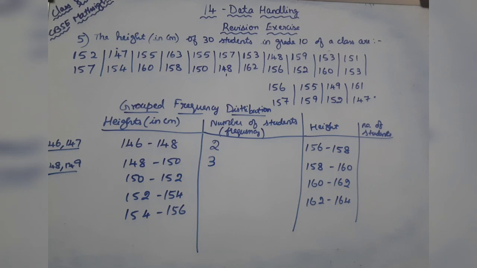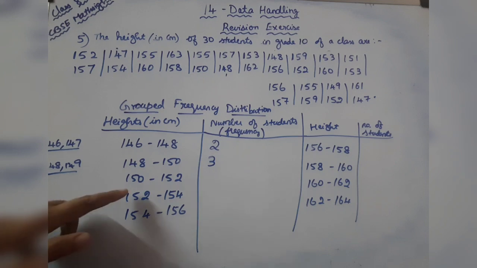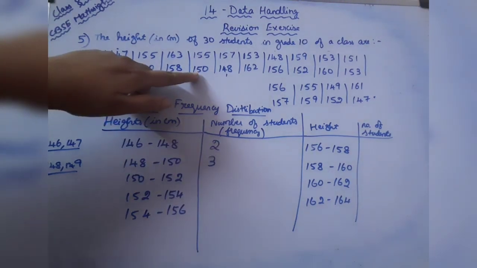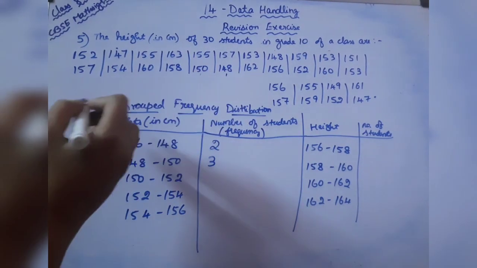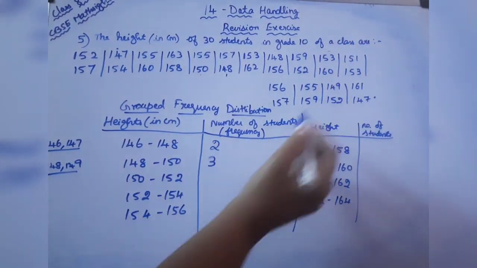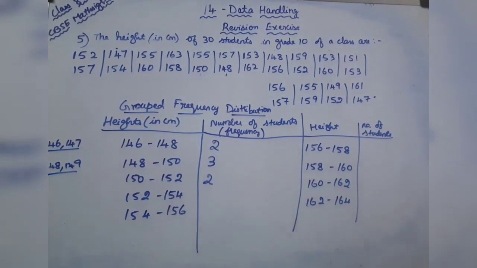Next we have 150 to 152, so I am going to take 150 and 151. We have 2 values under 150 to 152.